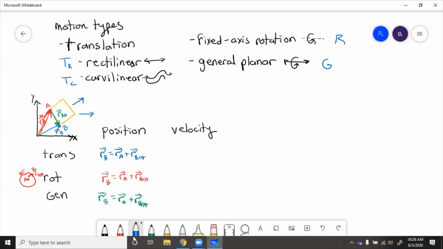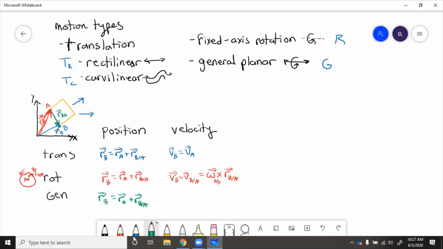So this is just VB equals VA. Now for rotational, A is not moving. Only B with respect to A is moving. So here, for rotation, VB equals VB with respect to A, which equals omega cross RB with respect to A. This omega is always in the k-hat direction.